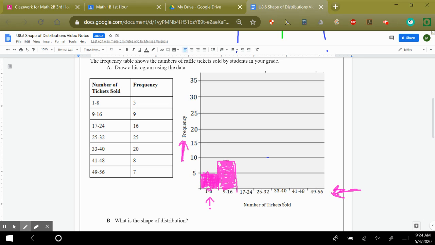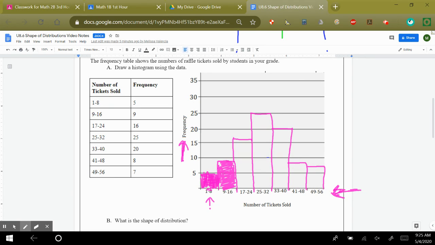So 17 to 24 needs to be 16 high, which is about right here. 25 to 32 is 25 high. 33 to 40 is 20 high right there. 41 to 48 is about 8 right there. 49 to 56 is 7, so it should be 1 lower.